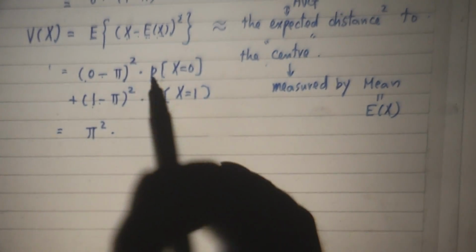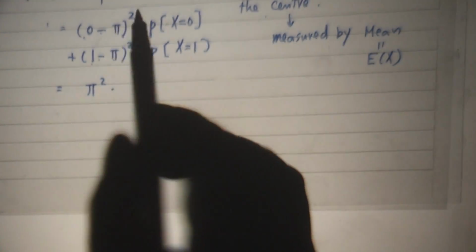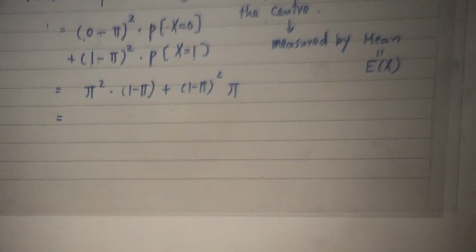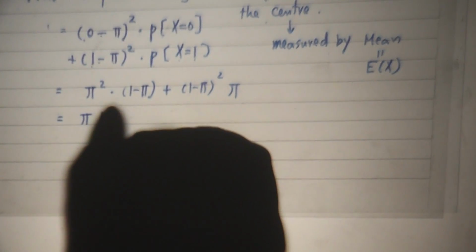Plus, this is 1 minus pi, squared times probability x equal to 1. How likely is x equal to 1? That is pi. So let's take out the common factor, pi times 1 minus pi. Then the first term becomes pi, and in the second term you have 1 minus pi left.